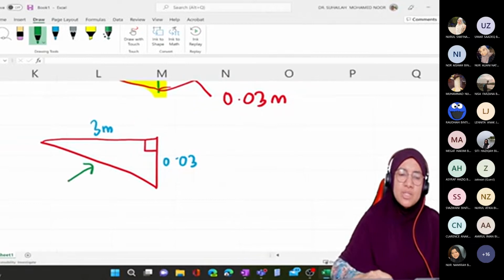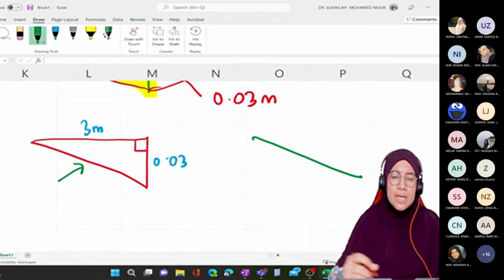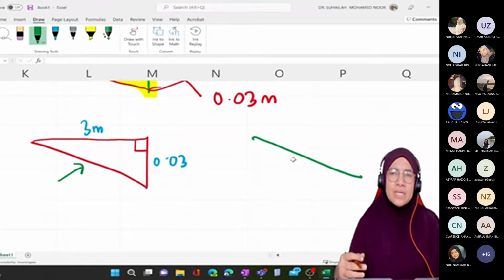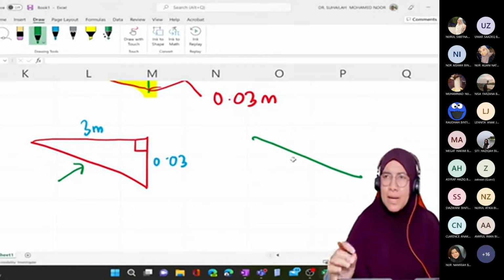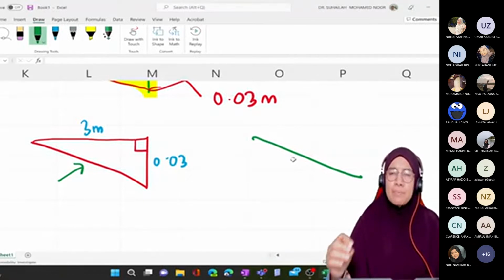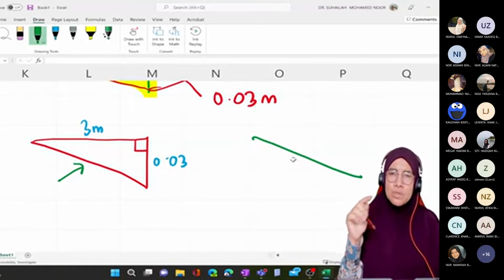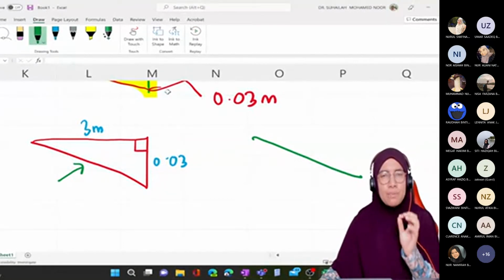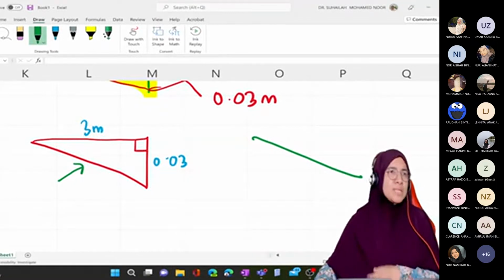So the new position of the beam after settlement is this green line. And always remember that the fixed end moment will push the moment at both ends; it will push the beam to move back to its original position.